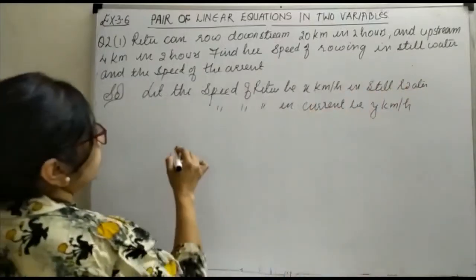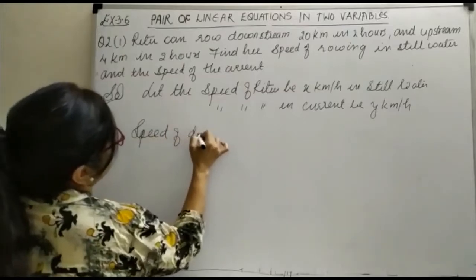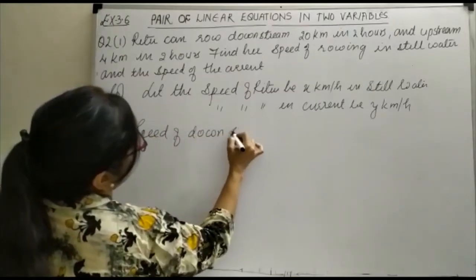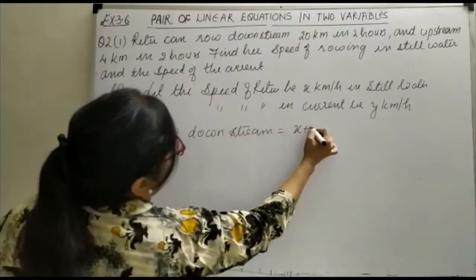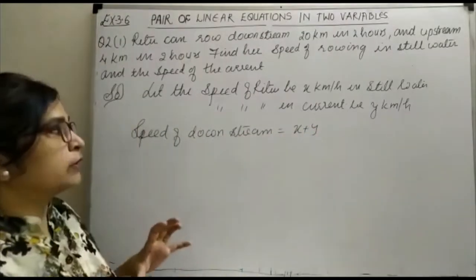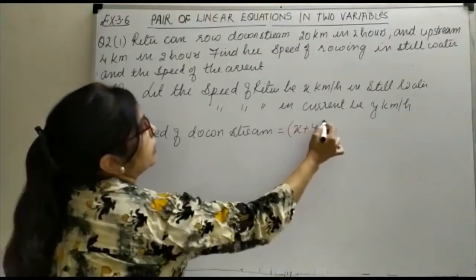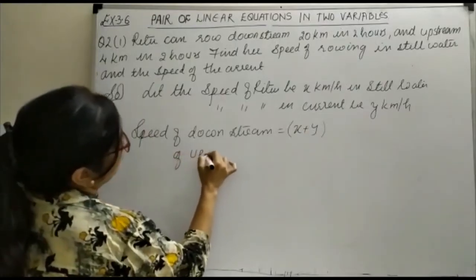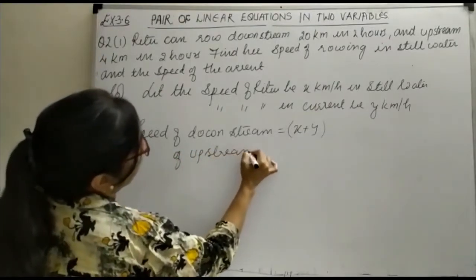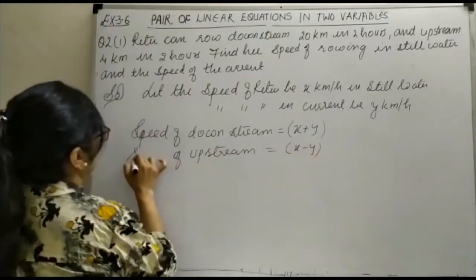So we know for downstream, therefore speed of downstream is equal to x plus y. That means in still water we have to add the speed of the current, and speed of upstream is equal to x minus y.